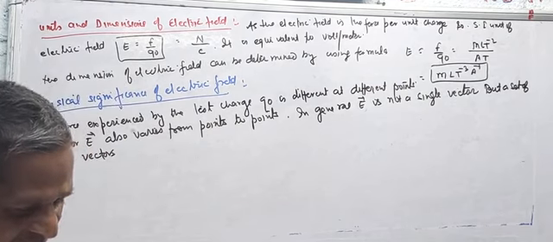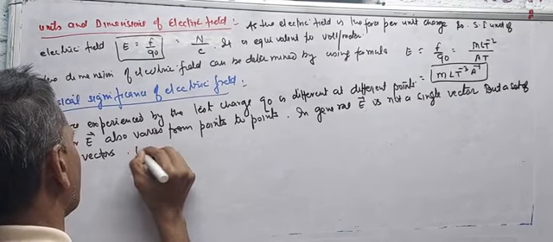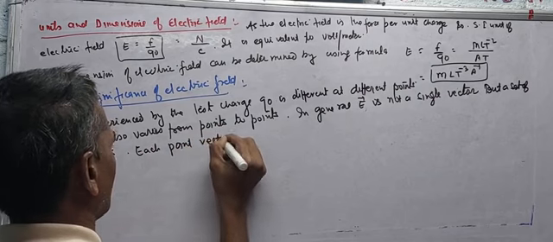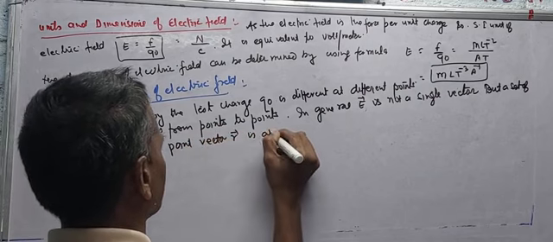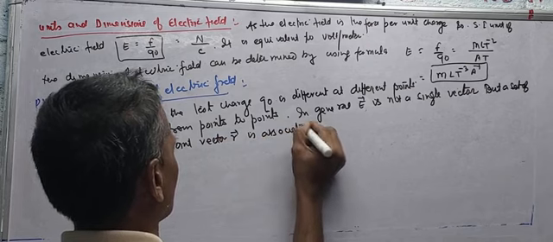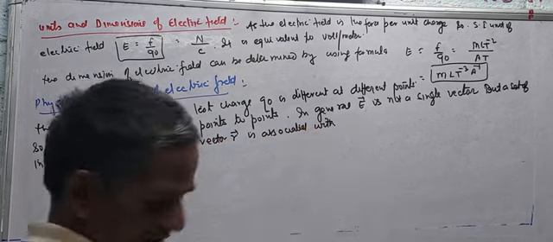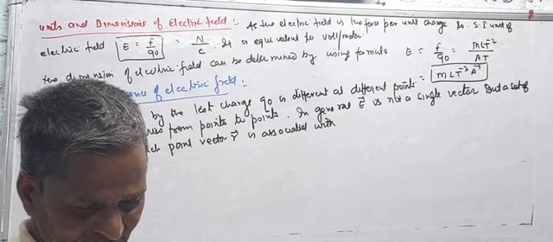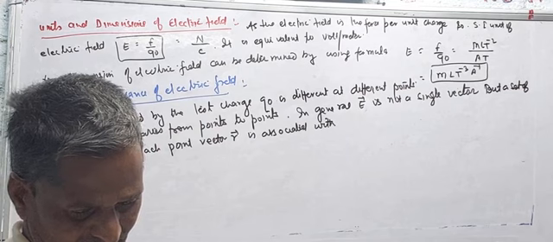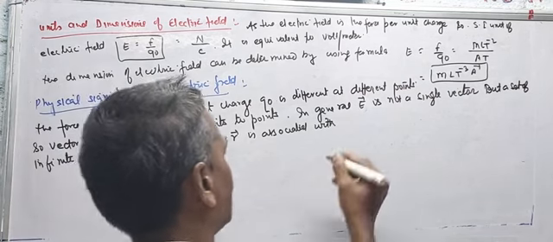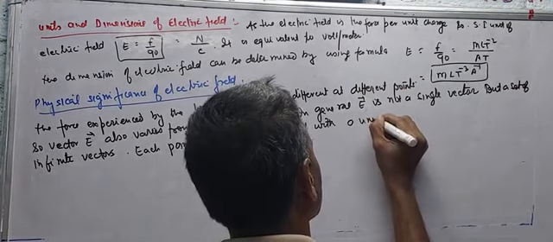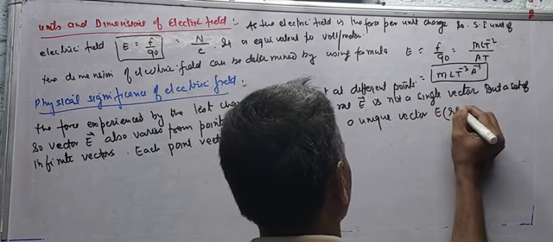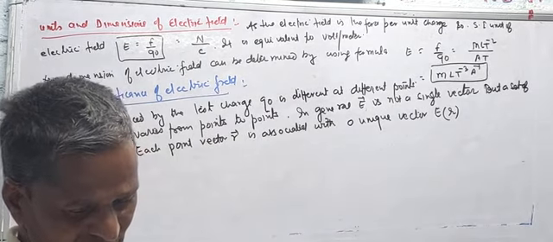Each point with position vector r is associated with a unique vector E(r).